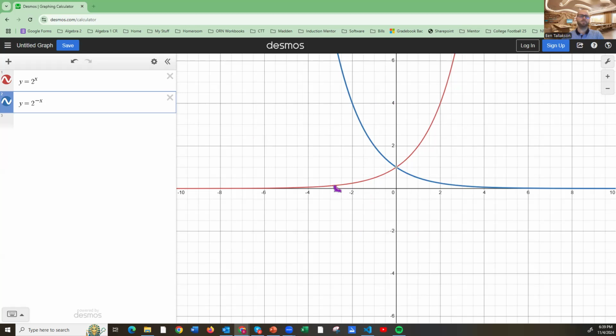So now keep your first equation and change your second one to this. Instead of the exponent being negative, we're going to make the base negative. Whoa, look at that. It looks again like a reflection, like a mirror, but where's the mirror now?